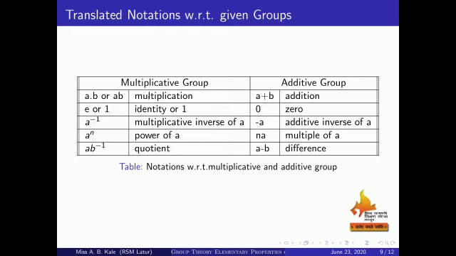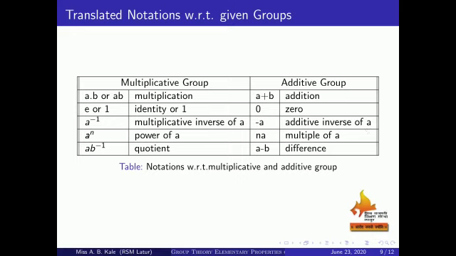Identity element of multiplicative group is E or 1. Here in the additive group 0 is the identity element. Now we can write A inverse as the multiplicative inverse of A in multiplicative group, while negative of A is the additive inverse of A in additive group.